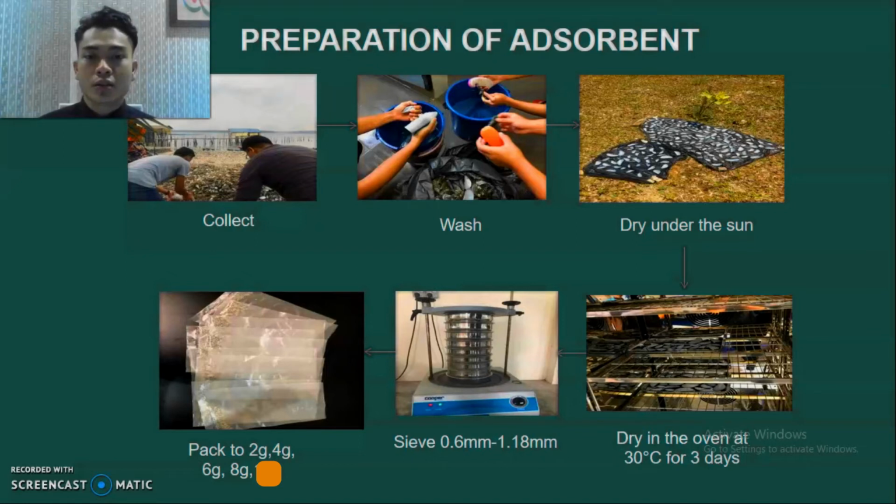Crush and sieve it through 0.6 mm, 1.18 mm and 2.0 mm sieve proportions. The size range of 0.6 mm to 1.18 mm was chosen for this experiment. After obtaining the crushed powder in the range of 0.6 mm to 1.18 mm, the mussel shell was packed according to weight, that is 2 gram, 4 gram, 6 gram and 8 gram.